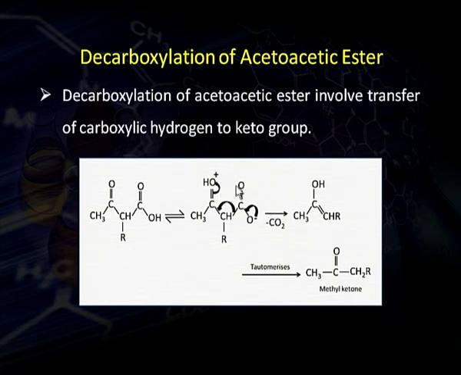It loses CO2 and gets converted into an enol, and the enol upon tautomerization, that is, the double bond shifts to this position and the proton comes at this position, gets converted into a methyl ketone. Decarboxylation of acetoacetic ester.